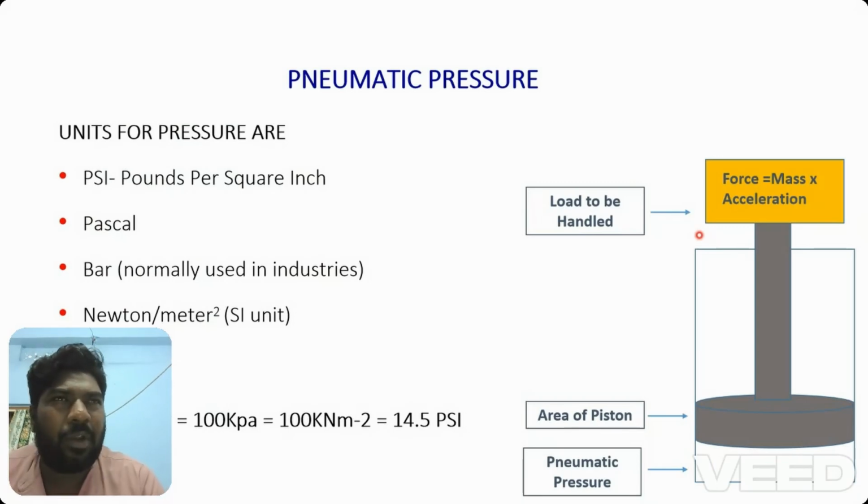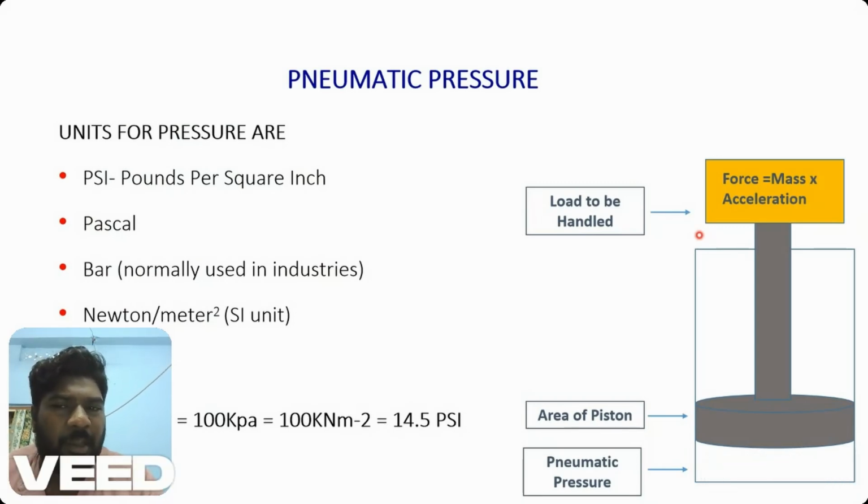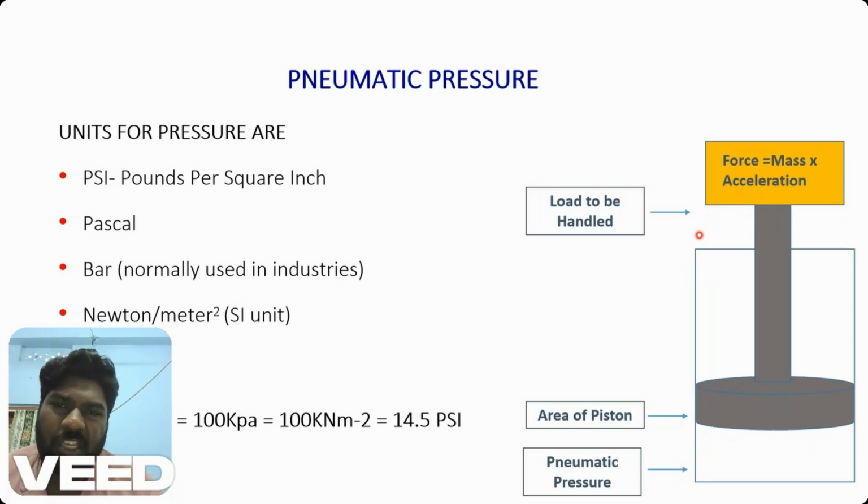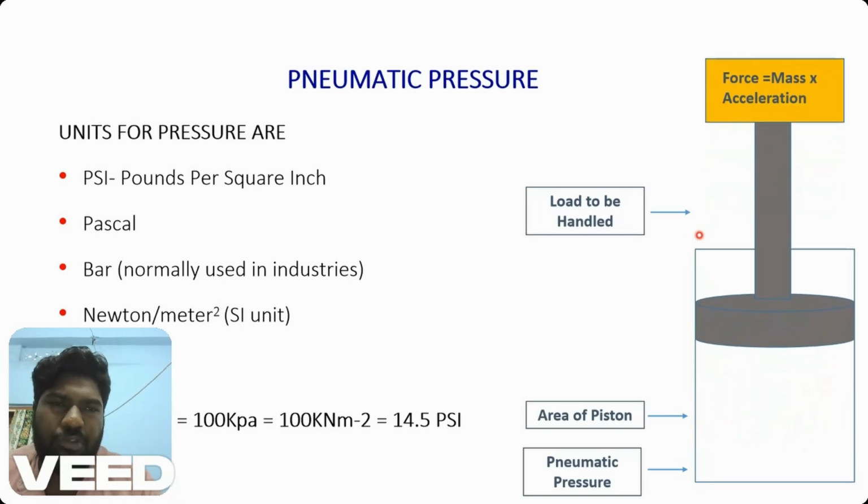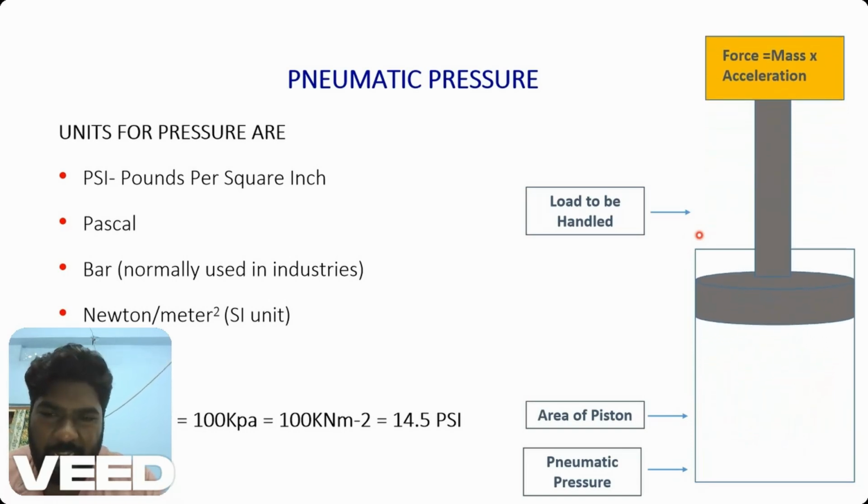Pneumatic air pressure is calculated or measured in different units. The most commonly used in industries are PSI, pounds per square inch, and bar.